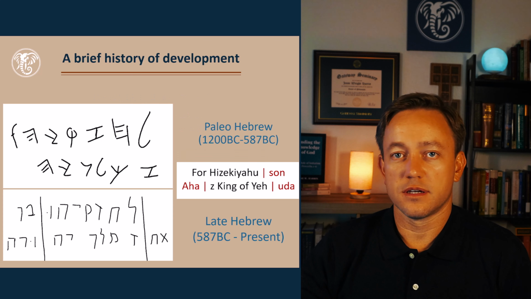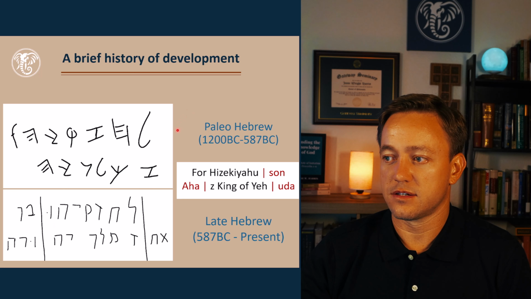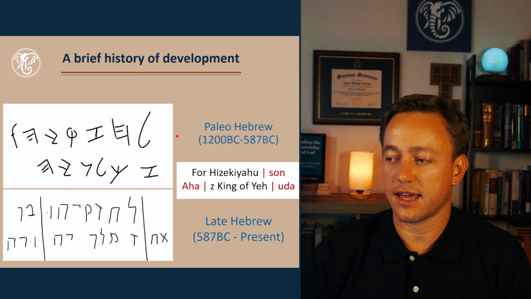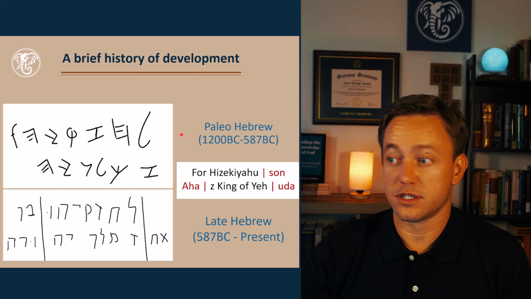To help us see the writing that's being used here, I wrote this out so we could analyze it a little bit more. Up here on the top is the Paleo-Hebrew, right from the Bulla itself.